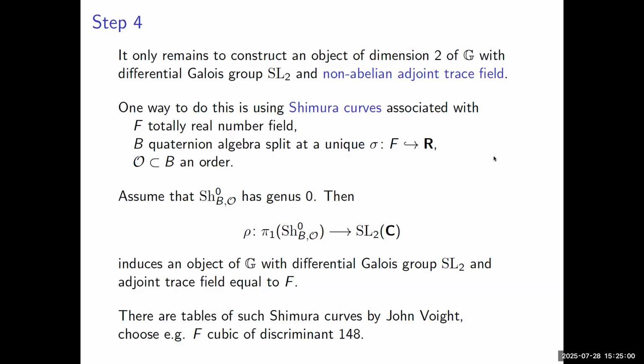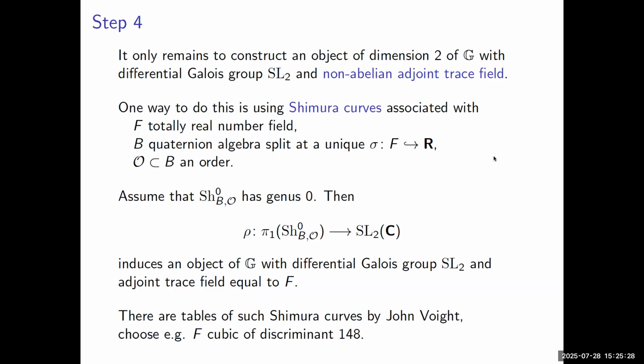Then the statement is that this local system, when you think of it as a vector bundle with connection, is an object of G, so it's a vector bundle with connection coming from geometry. The differential Galois group is SL2, where you think of the differential Galois group as the Zariski closure of the monodromy, and the adjoint trace field is equal to F. So this is the key property for us.